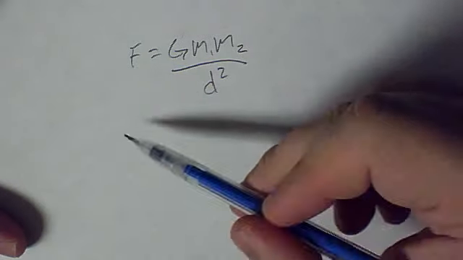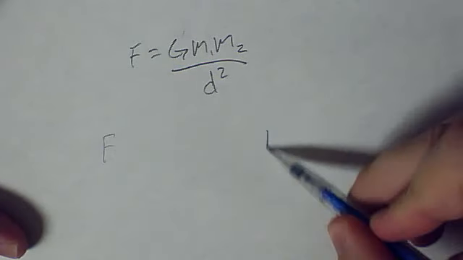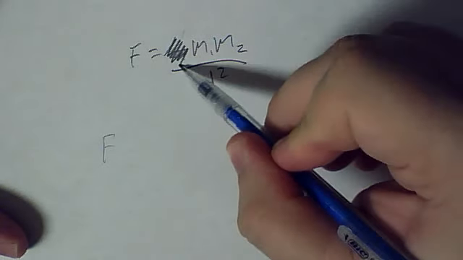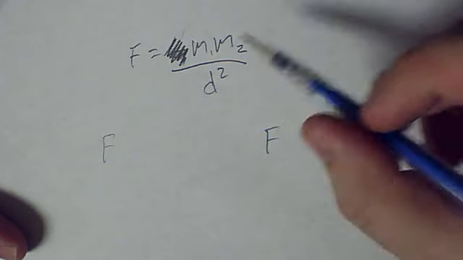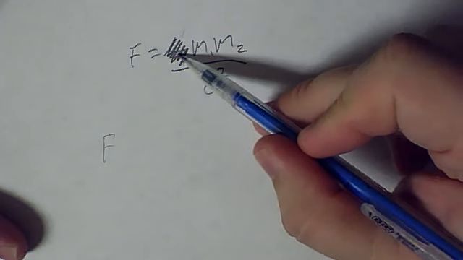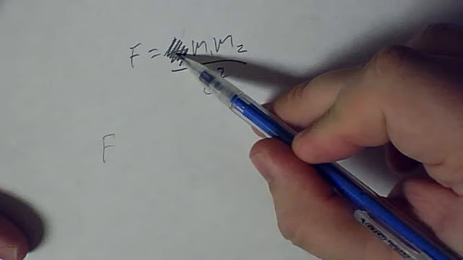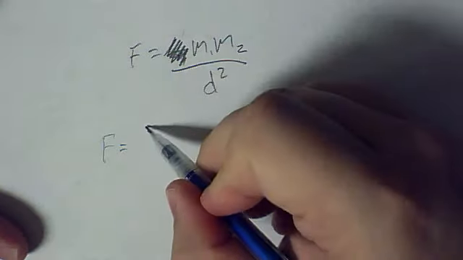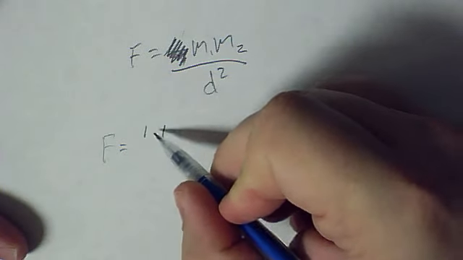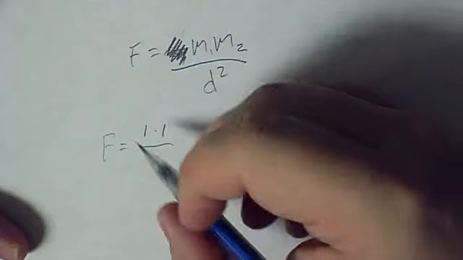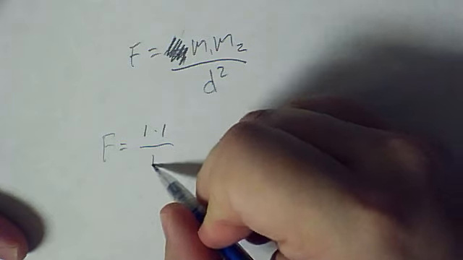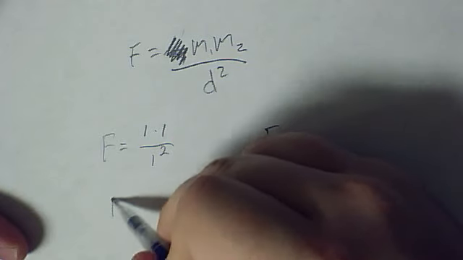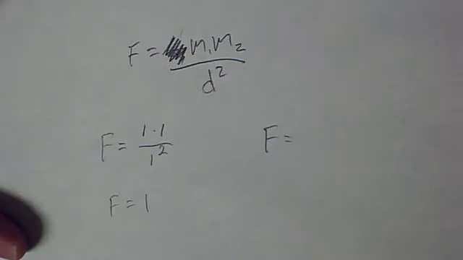Since I'm talking about a relationship, what happens to the force when I change something, I'm going to take G out of the equation, because the universal gravitational constant, big G, is the same no matter what. So I can take it out because I'm looking at a comparison. In the first case, let's say M1 is 1, M2 is 1, and the distance between them is 1. So I have 1 times 1 divided by 1 squared. So my force is 1.